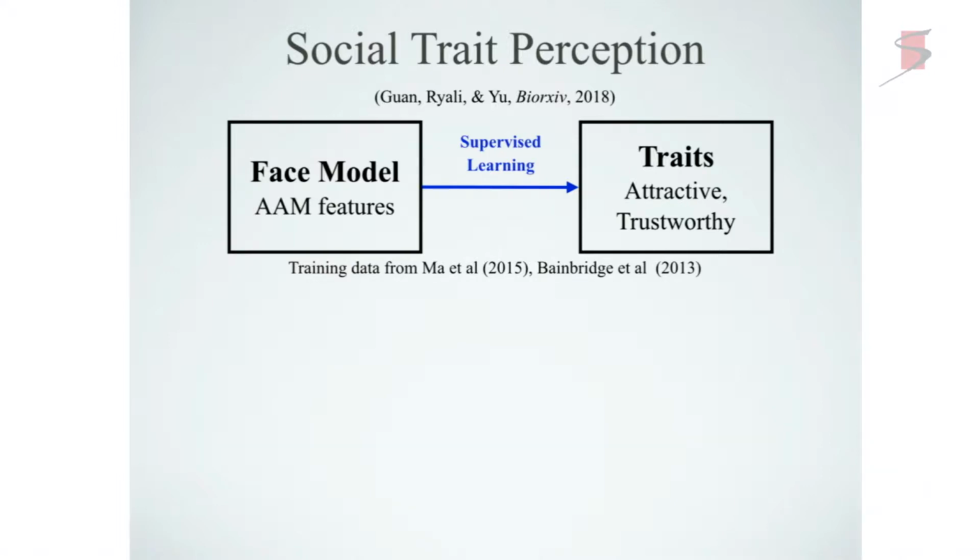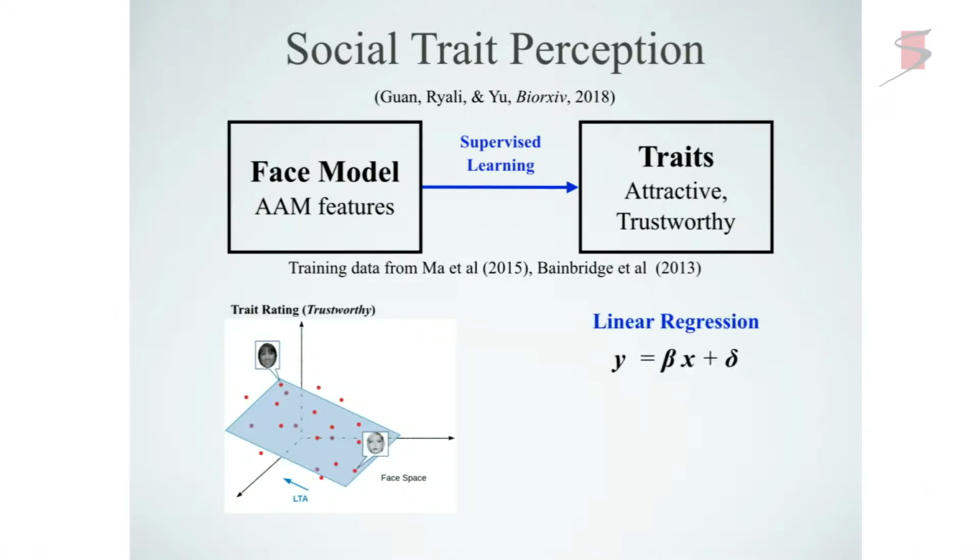So next thing we did is try to predict social trait perception. So for example, how attractive or trustworthy a face looks. And for this, we take data from publicly available data sets where human subjects have provided ratings of 1 to 9 of how attractive or trustworthy or kind or friendly a face looks. There are many different traits that we model, you will see. And we just do a linear regression model.